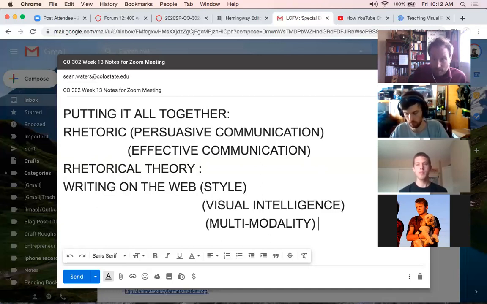So basically, point being, there's so much going on when we communicate that is not just the language that we use. And sadly, so much of our education, I think, focuses on the language or the words at the expense of these other bigger aspects of communication that are actually more important.